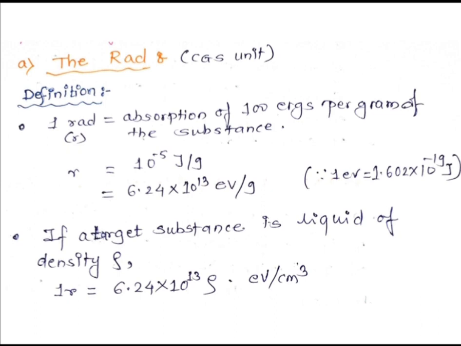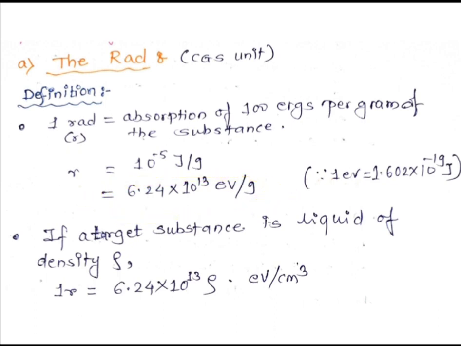And when we convert that into electron volts, the equation will be 1 rad is equal to 6.24 × 10^13 electron volts per gram. And here is a relation which I have written: 1 electron volt is equal to 1.602 × 10^-19 joules. So I have found the value of rad in electron volts per gram.